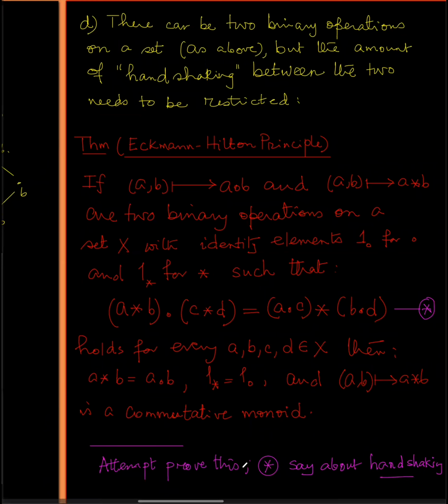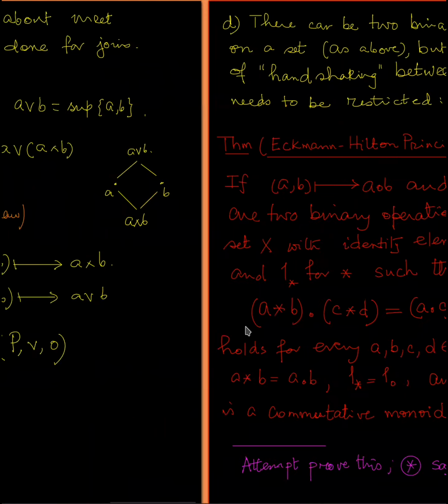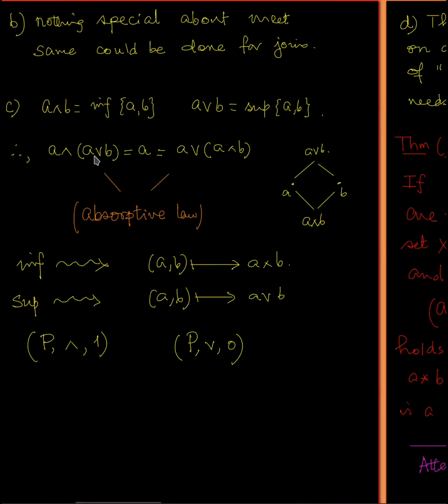You can see it gives a condition about how these two things would match. So that's why I said that if two binary operations have to maintain their distinction, the handshaking between them needs to be restricted. And that we achieve over here.